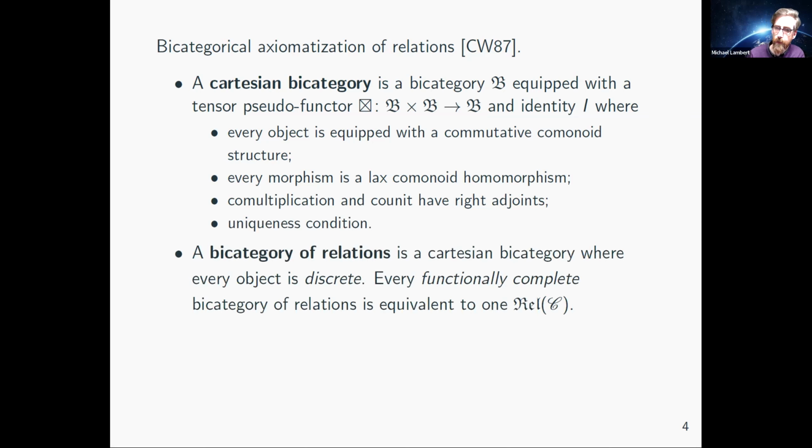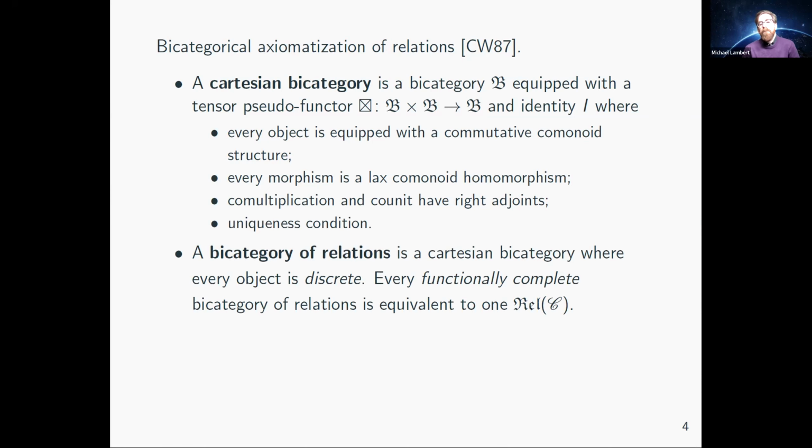Based on this notion of a Cartesian bicategory, they then define a bicategory of relations to be a Cartesian bicategory where every object is what they call discrete, which is basically this Frobenius condition that I'll explain a bit later.